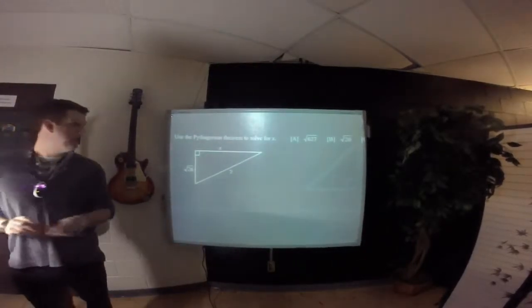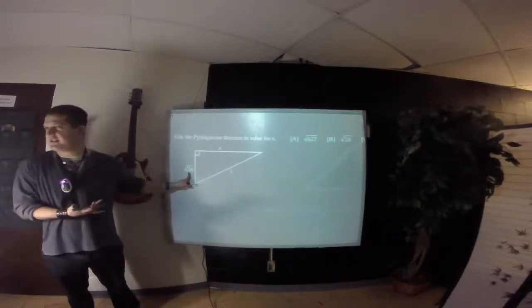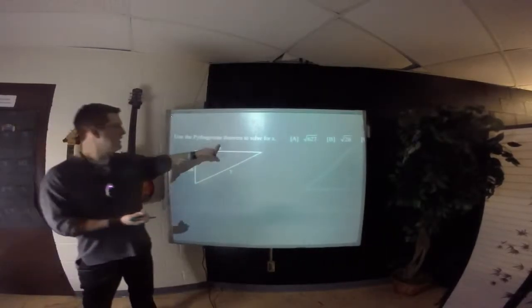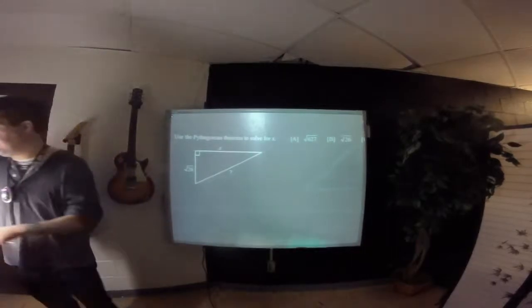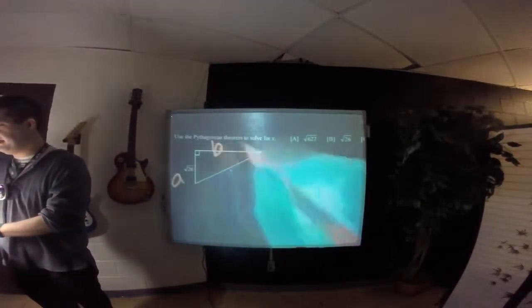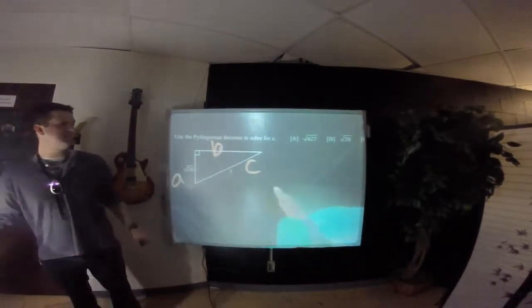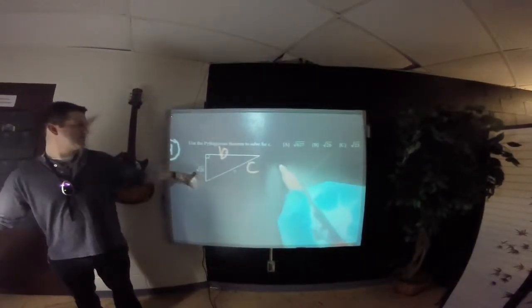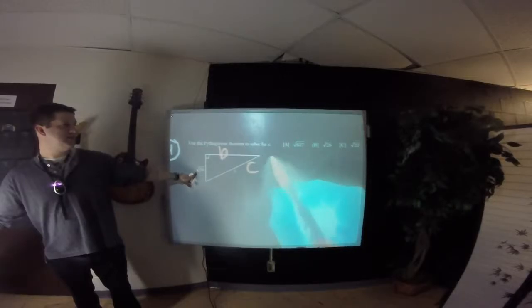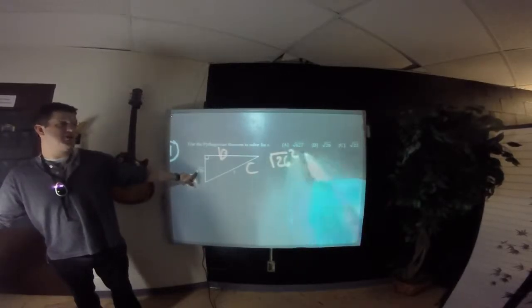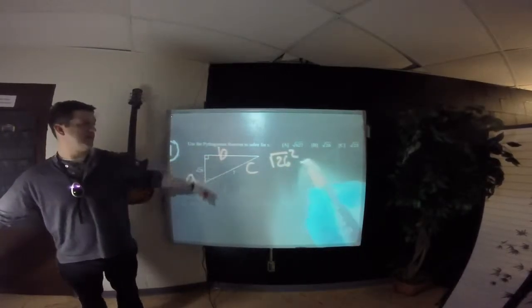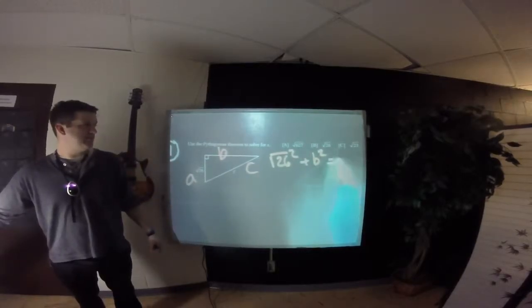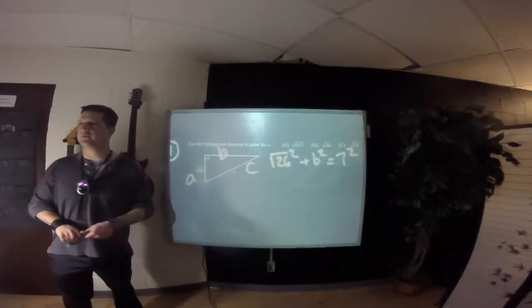All right, so next one up. Another one. This is the exact same, just different numbers. Square root of 26, x, and 7. A, B, C. So how do I set this one up? A squared plus b squared equals c squared. So a squared, square root of 26 squared, will be just 26. Then I don't know what that is, but I do know this is 7 squared.